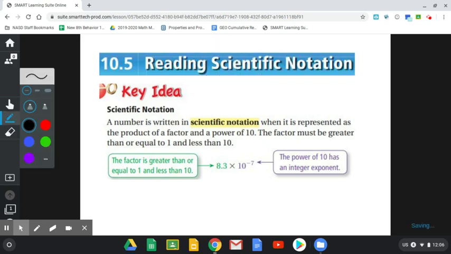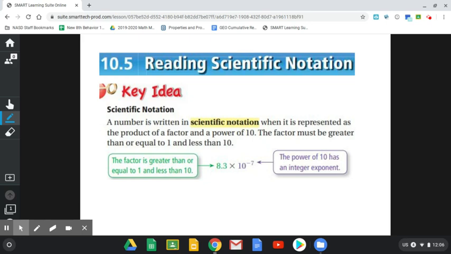All right, so let's get into what these numbers are, and then identifying them and recognizing them. A scientific notation number is a number that's made up of two factors. So we're taking a regular number. Let's say, for example, we had the number 50, right?